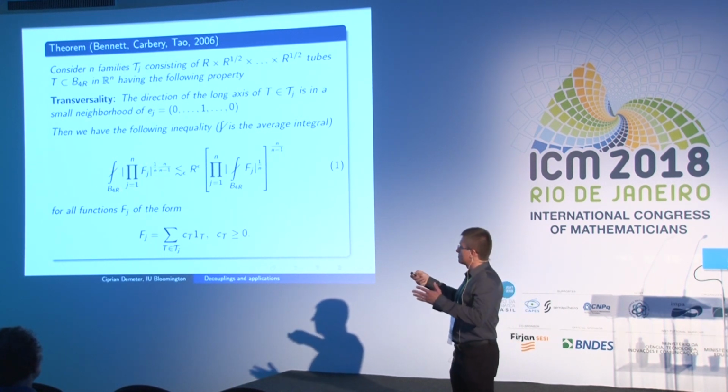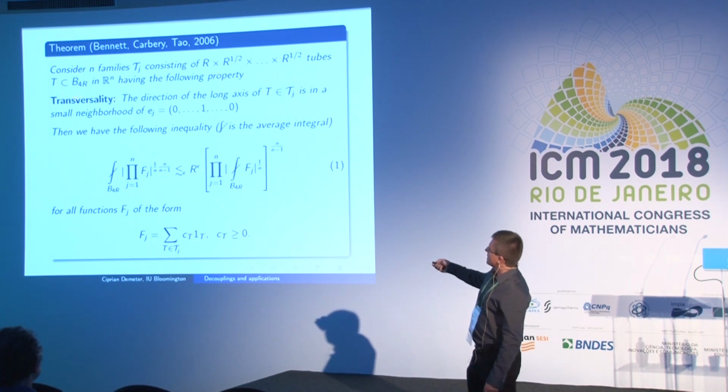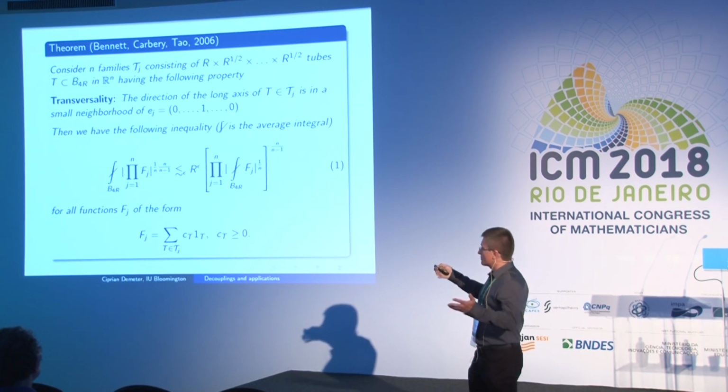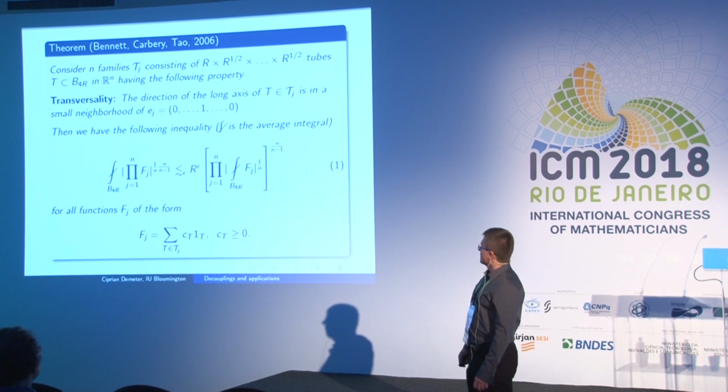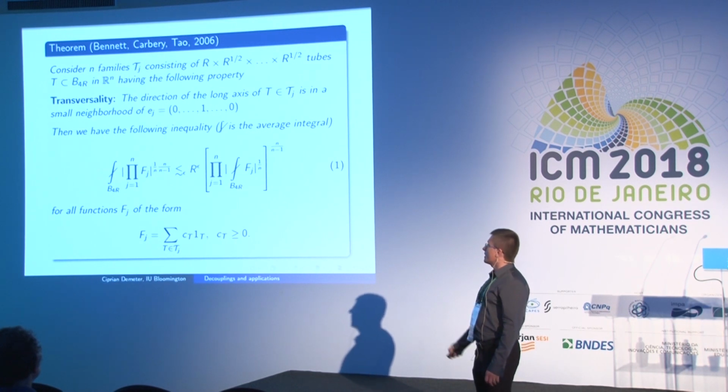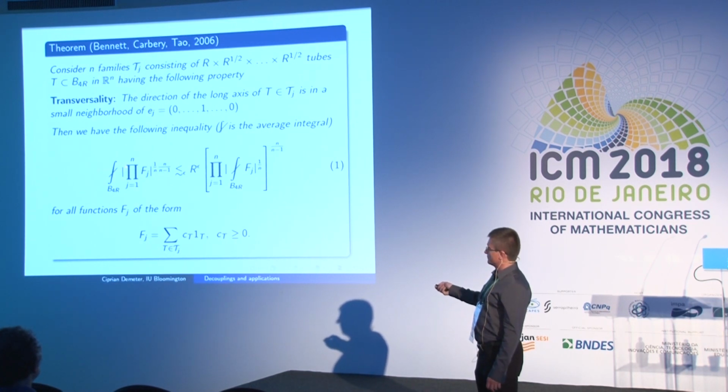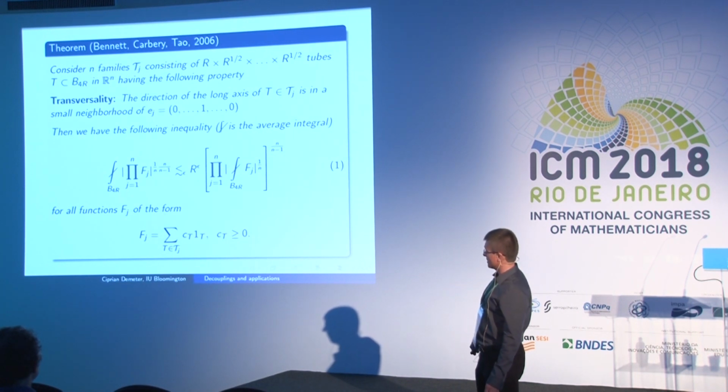Let's assume that the tubes or cylinders live inside the ball of radius roughly 4r. And this inequality quantifies the intersection of tubes from all directions by essentially showing that these functions are somewhat independent. What you recognize here is some sort of a geometric average of the averages of each individual function, and then of course you get back to the original LP space.